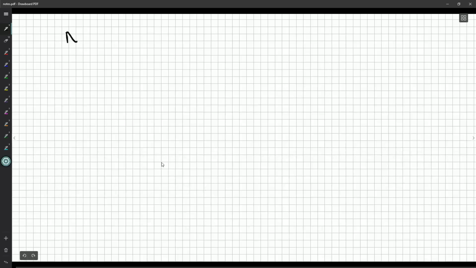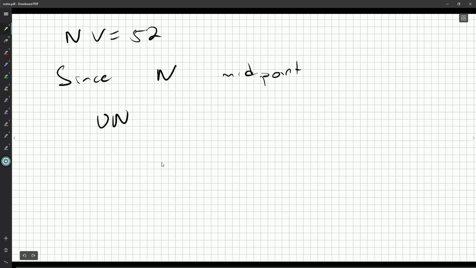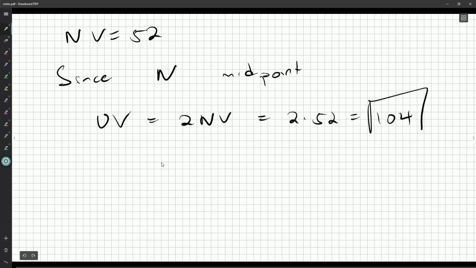So NV is 52. And since N is the midpoint, UV is 2 times NV, so 2 times 52, so that's 104.